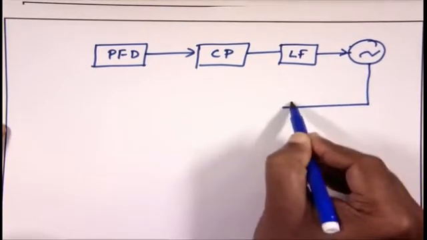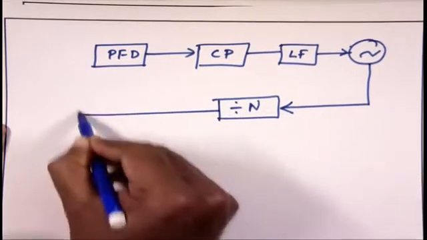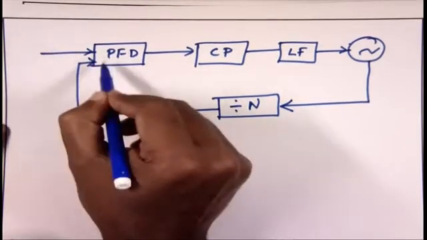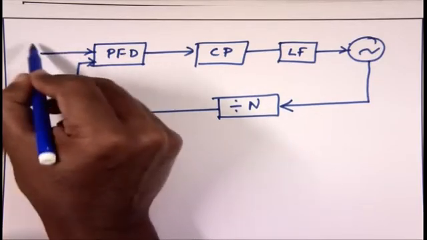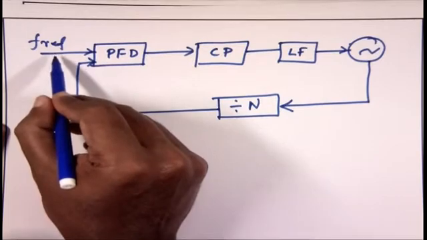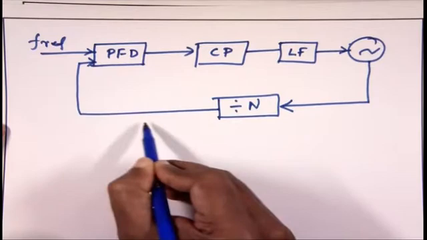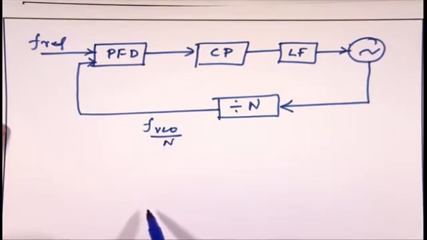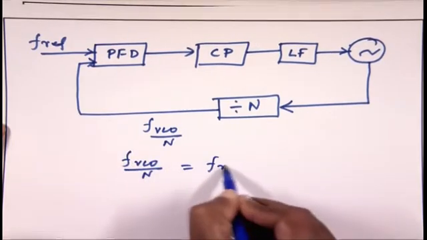This oscillator output will be divided by some factor, and then compared at the PFD. So here the PFD is comparing the two frequencies as well as phase. One input is F ref, the reference frequency coming from the crystal or some other place, and the other is the divided-down F VCO by N. When it is locked, F VCO by N is equal to F ref.